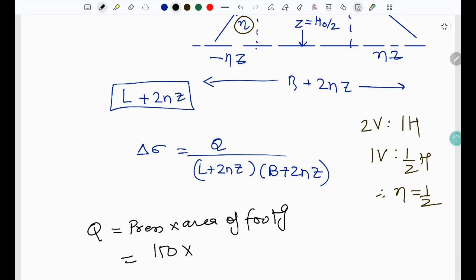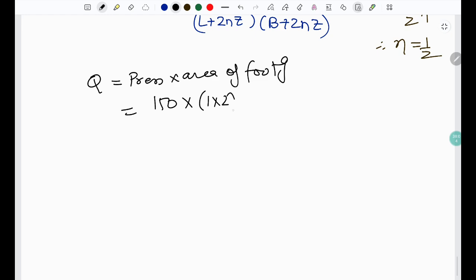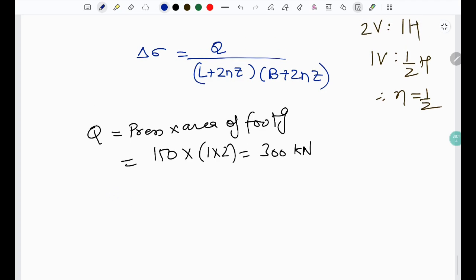That is, pressure is 150 into the area, which was 2 meter into 1 meter for the footing, this becomes 300 kilonewton. Now we will find out the area of the distributed trapezoid, that is L plus 2nz into b plus 2nz.